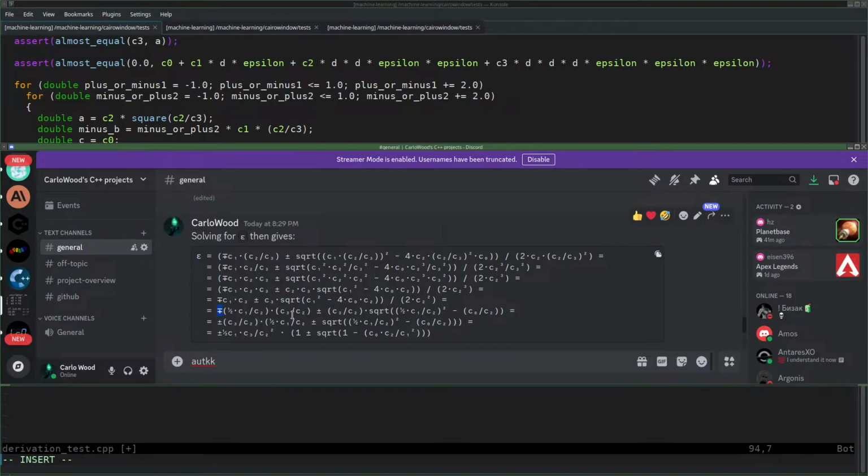This is just C3 divided by C2 times a half times. Oh, wait a minute. I brought something out of the brackets. Yeah, this part.